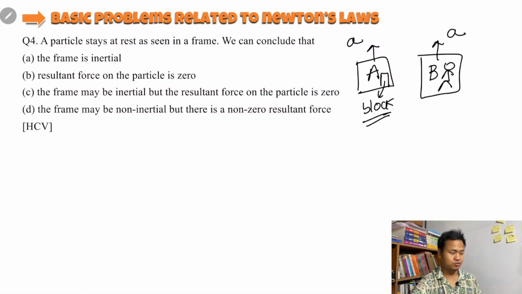You are at B looking at A, so to you the block in elevator A will be at rest, but the elevator has acceleration. If you have acceleration, that means that frame of reference is a non-inertial frame. So that means the first statement is wrong.